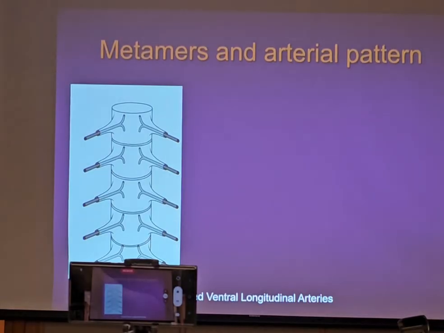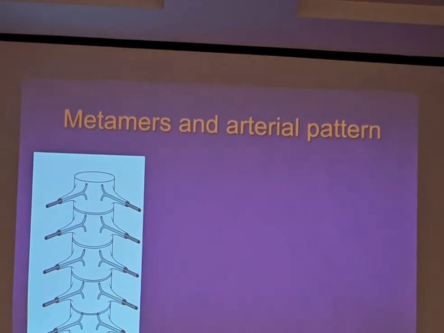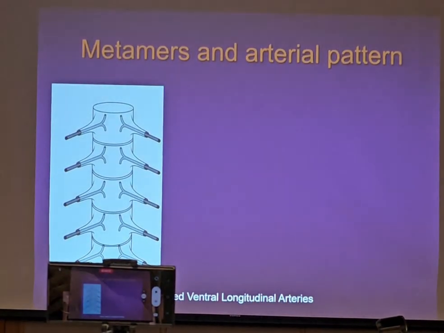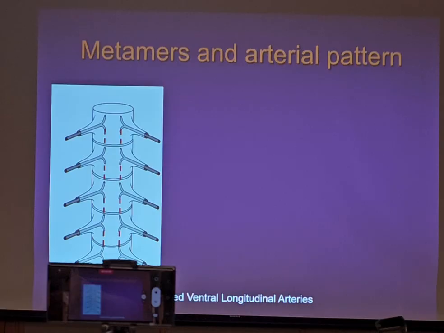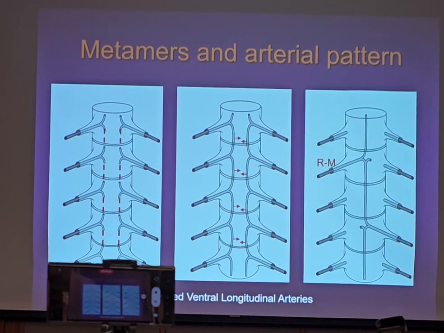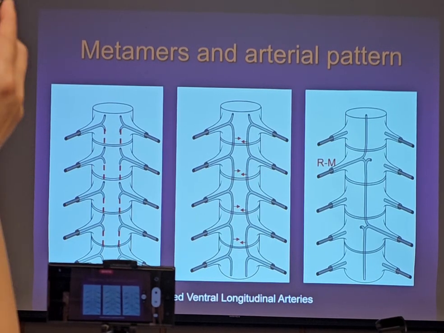The next concept is the metameric arterial pattern. As you know, each segment of our body has a right and left arterial supply. So usually there is the possibility of vertical anastomosis between each level, and then this anastomosis will fuse at the midline, and when it fuses, some regress and some persist at the spinal level.